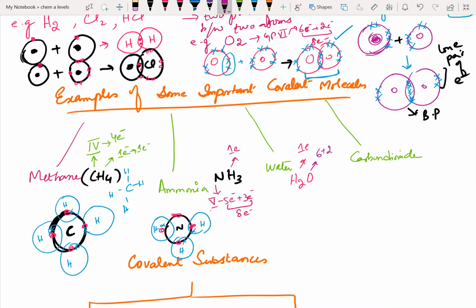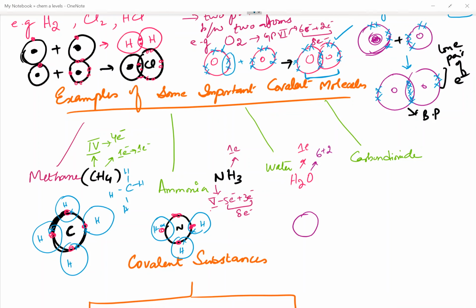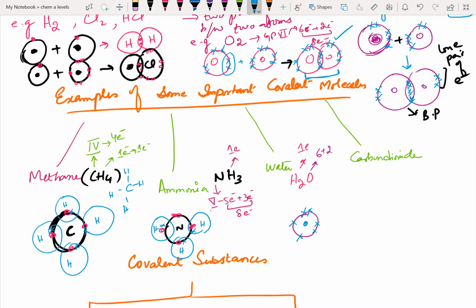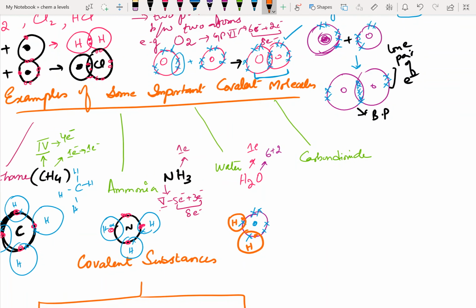So oxygen is sharing more, so oxygen will come in the center with its 6 electrons, out of which 2 are shared with hydrogen. This is oxygen having 6 electrons: 1, 2, 3, 4, and 5, 6. The 5th and 6th are going to be shared with hydrogen, and after sharing you can count the octet is complete and the duplet for hydrogen is complete.